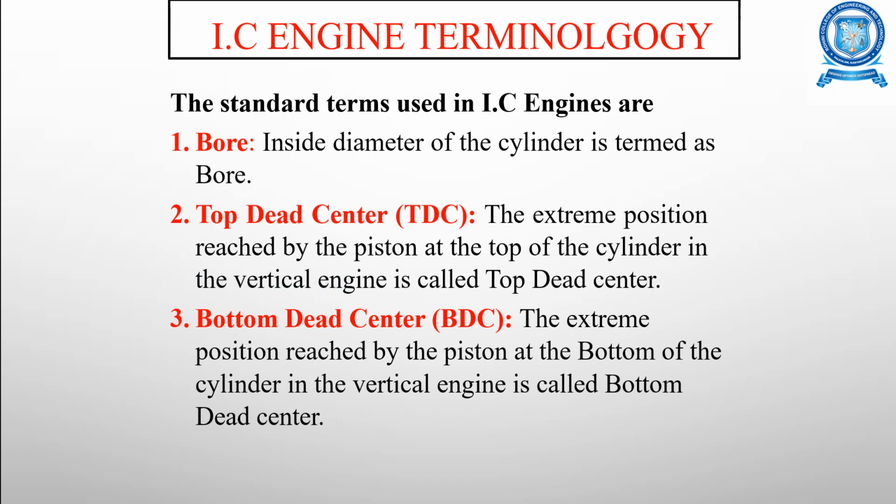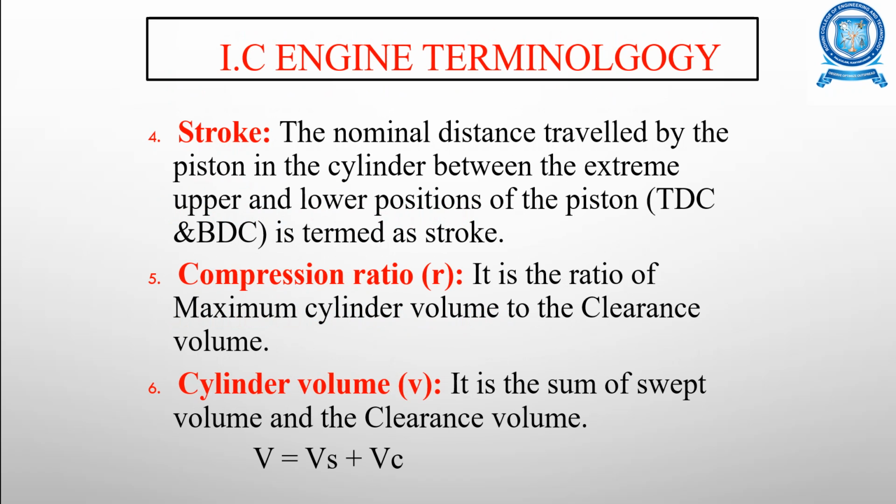So it is called as top dead center. And bottom dead center is the extreme position the piston would reach at the bottom of the cylinder in the vertical engine. It's called the bottom dead center. And the stroke. So stroke is the nominal distance traveled by the piston inside the cylinder between this TDC and BDC.